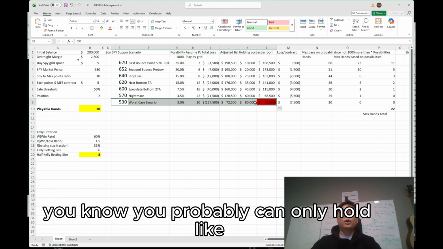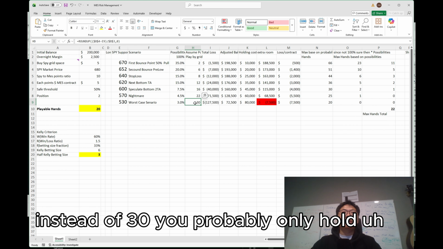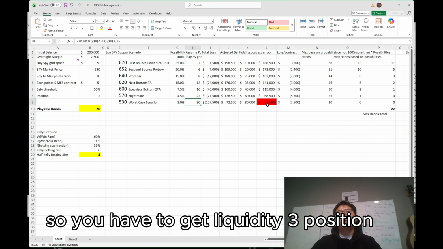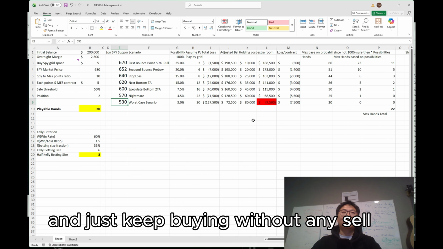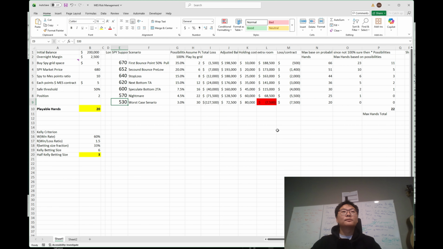You can probably only hold, like, instead of 30, you probably only hold 27. So you would get 3 positions liquidated when the price drops all the way from here to here and you just keep buying without any sell.